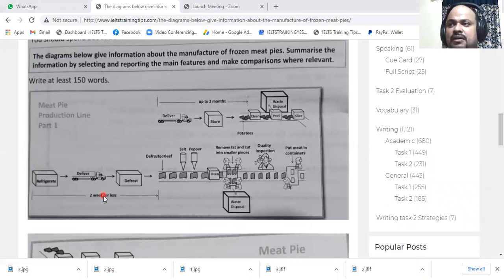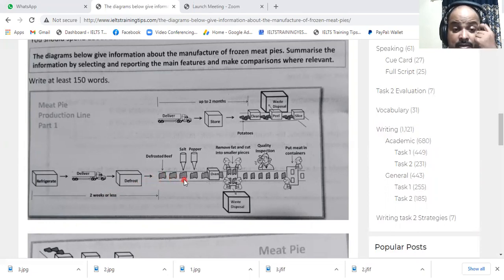After the slaughtering occurs, then we can take the beef up to 2 weeks.